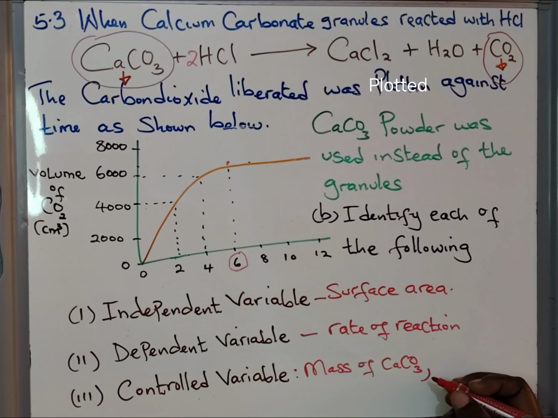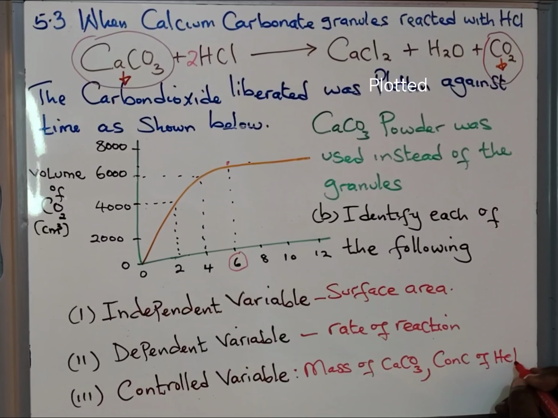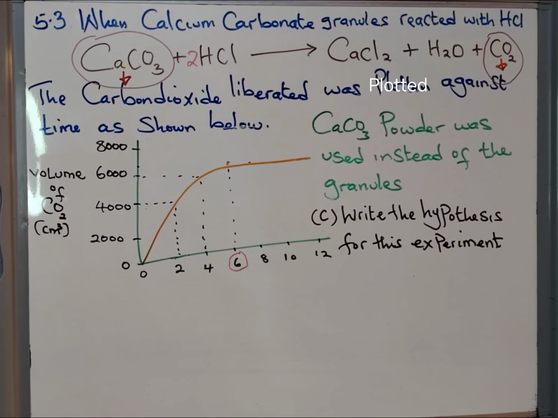The other factor is the concentration of HCl. The other factor is temperature, and even pressure because there's a gas involved. So all these factors are supposed to be maintained constant.